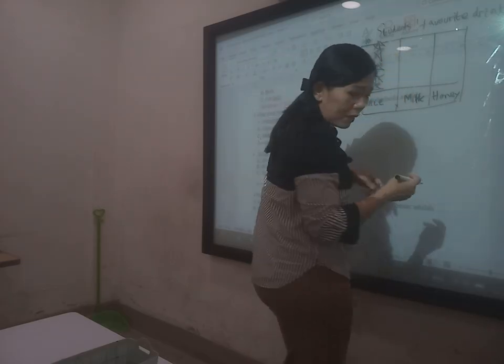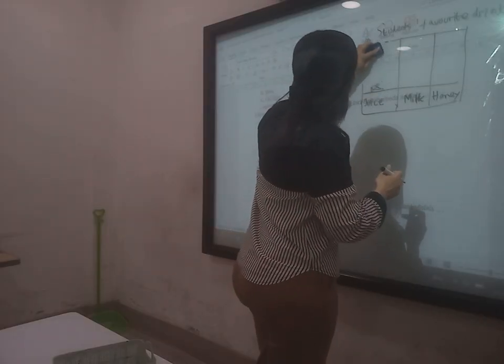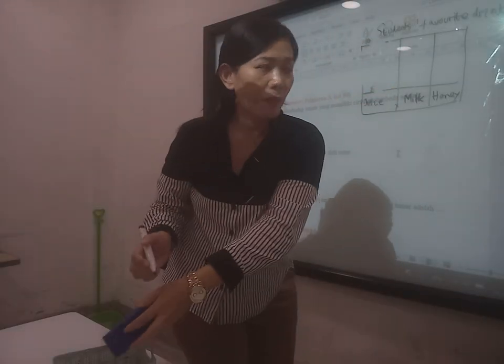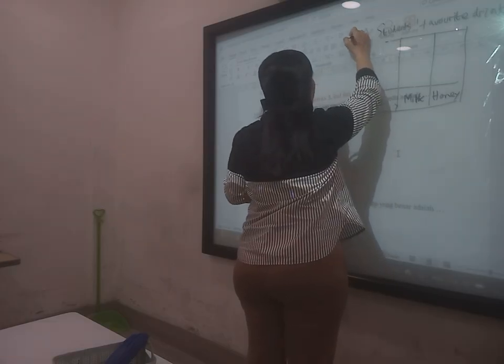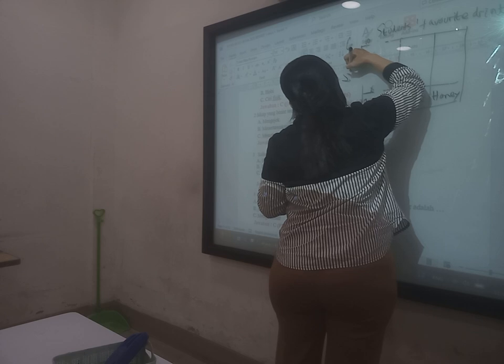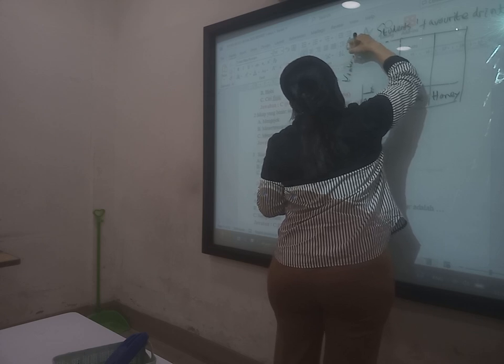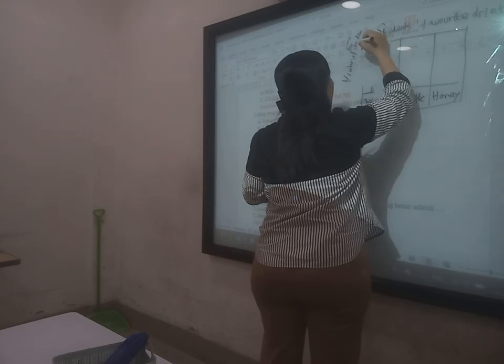Sorry, this is by using a block graph. Let's say this is the graph. Here, 6 students. This is the number of students. Here, 6 students.